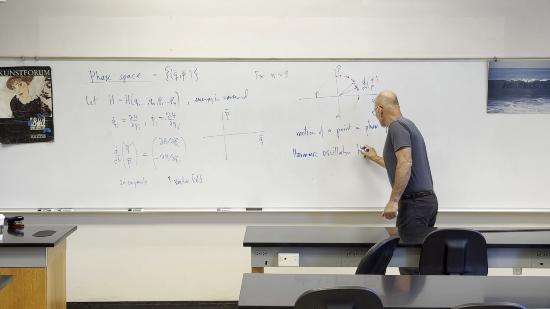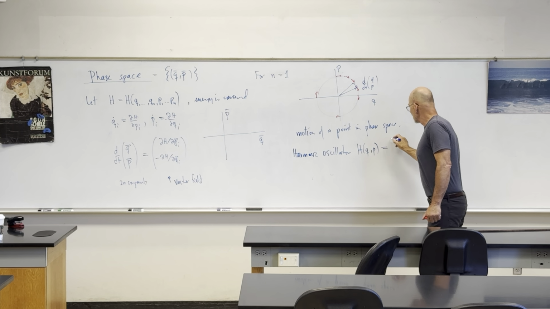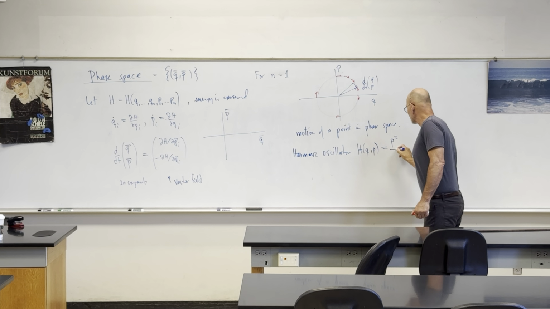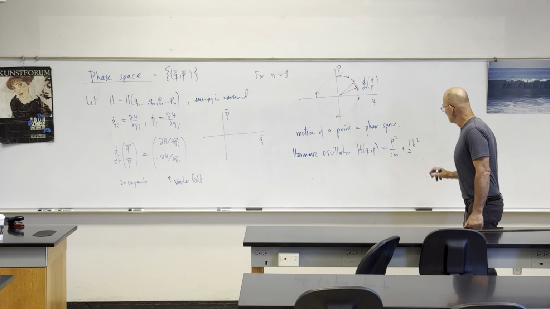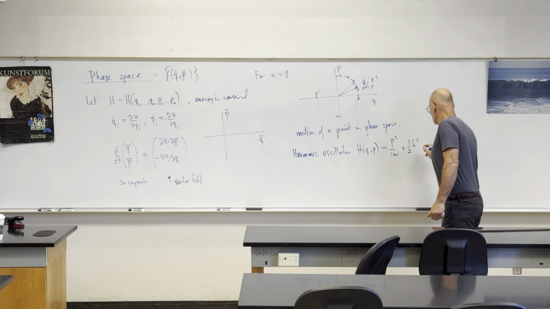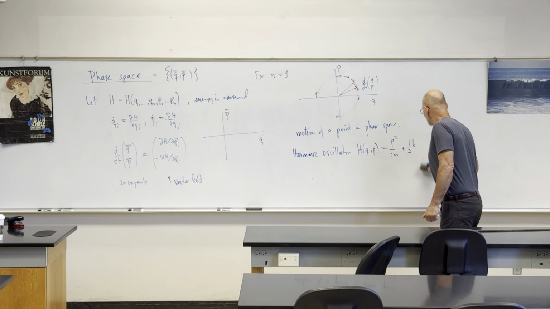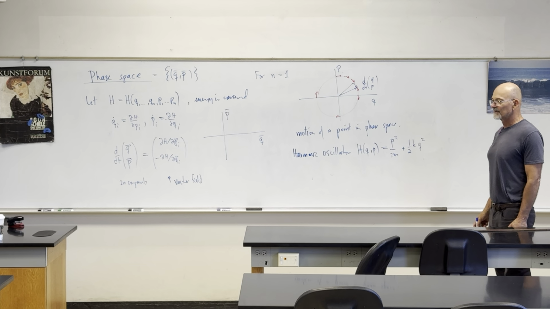So the harmonic oscillator, let's say we know its Hamiltonian: p squared over 2m plus 1/2 kq squared. Not k squared, 1/2 kq squared. Everybody agree with that one?